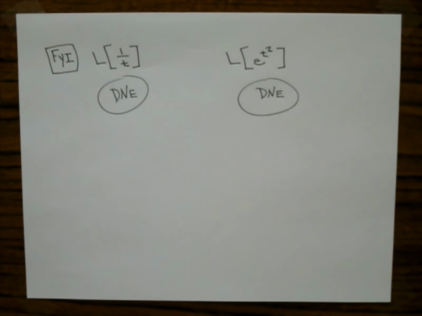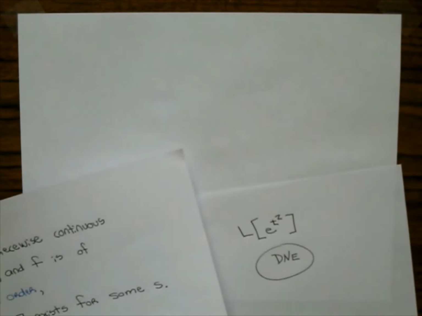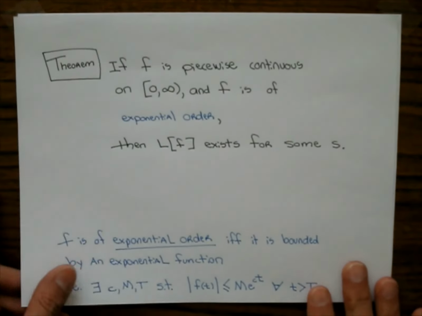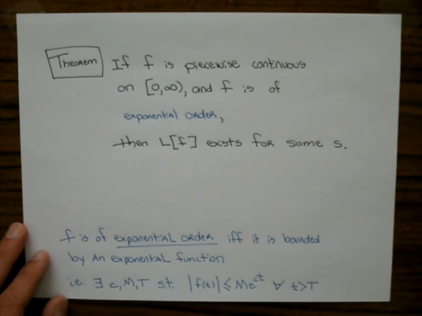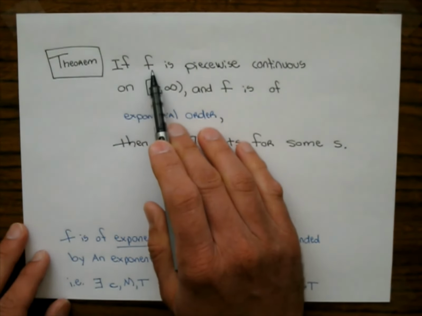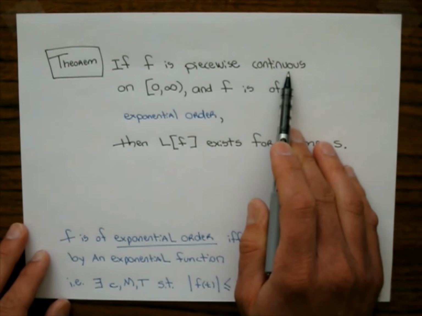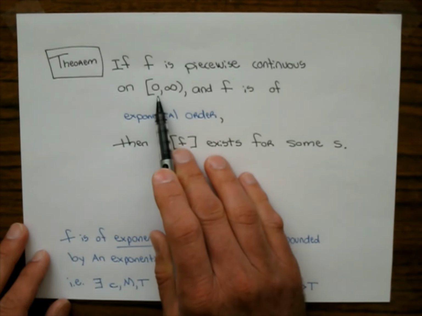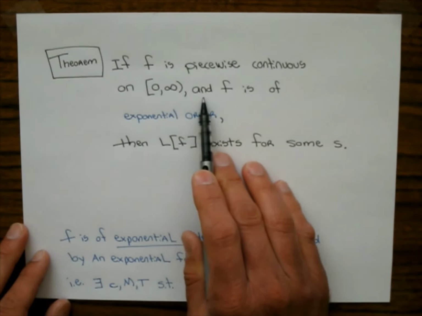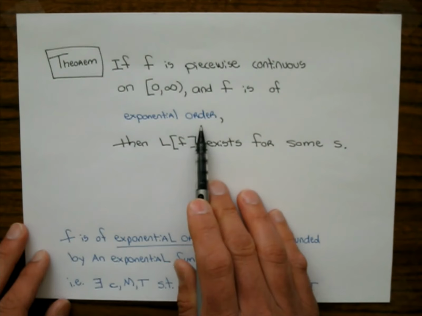Let's go ahead and do our last page of notes here. This is just a theorem, and when you do your homework, you're not going to be coming back to this theorem. This is just for your information, so this is another FYI. If f is piecewise continuous, we talked about that earlier, on an interval from 0 to infinity, and f is of exponential order, we'll come back to that.